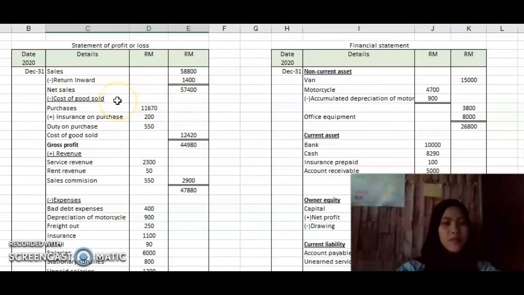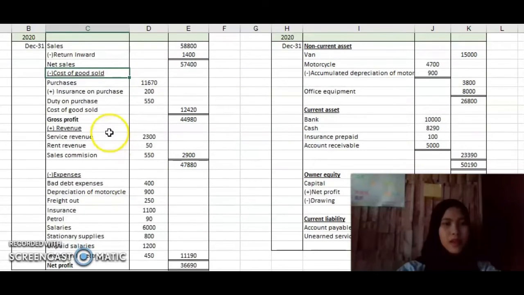After that, we need to minus cost of goods sold: purchases, insurance on purchase, duty on purchase, and we got 12,420 for cost of goods sold, and then 57,400 minus 12,420, and we got 44,980 for gross profit.